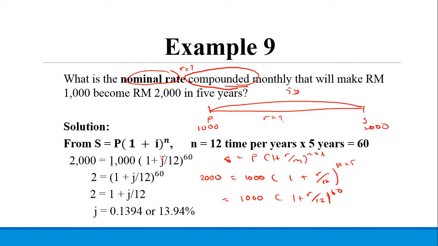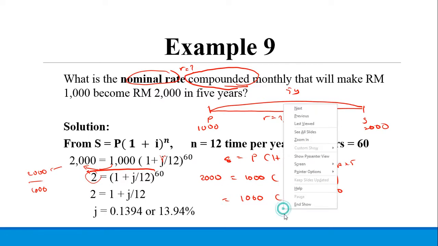First I move this one: 2000 divided by 1000, you get 2, which equals 1 plus R over 12 to the power 60. Then I move this one to the left side.